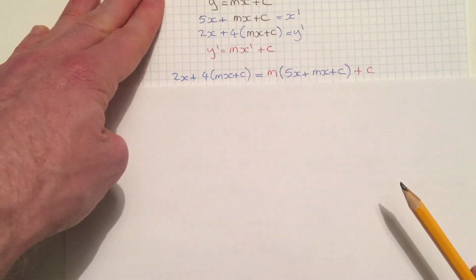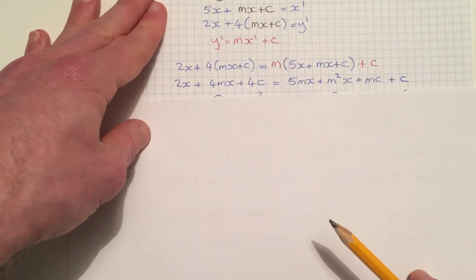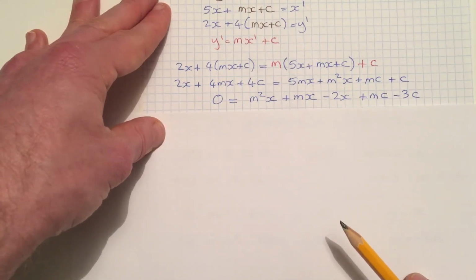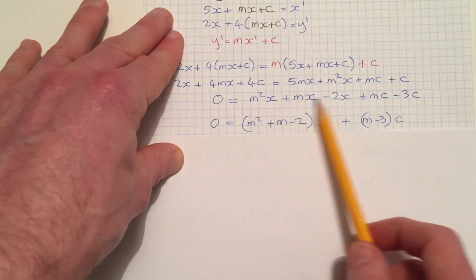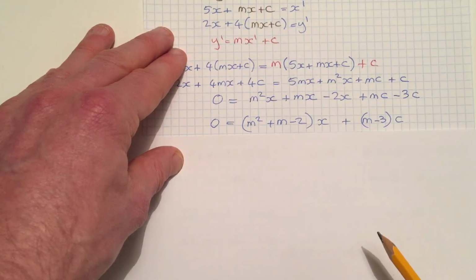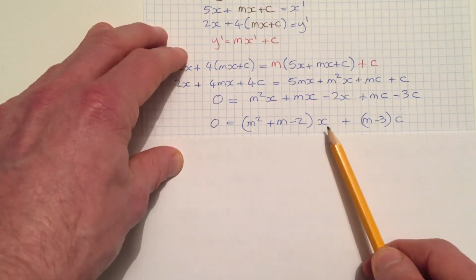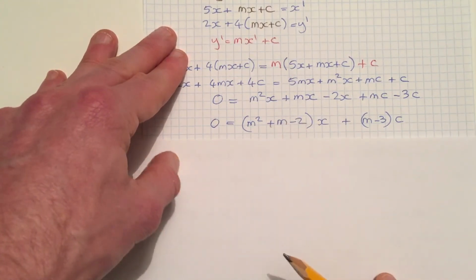Expanding those brackets, moving everything over to the right hand side, factorising the x outside of the front three terms, factorising the c outside here, I get this. And then again, like I said before, we know x can't equal 0 generally, therefore this bit has to equal 0.